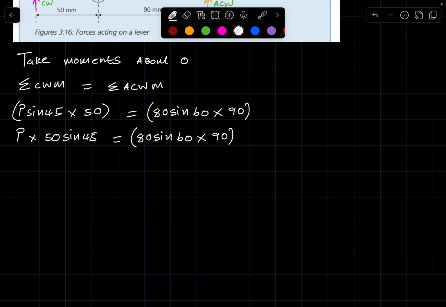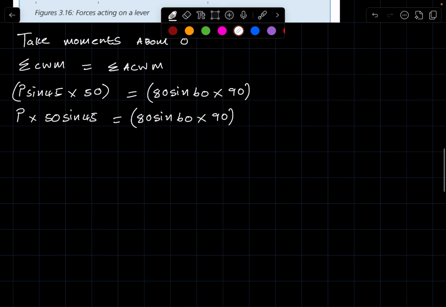To get the force P, seeing that it's the only unknown here, you simply divide both sides. To make P the subject of the formula, we divide by 50 sine 45, and it cancels on this side.